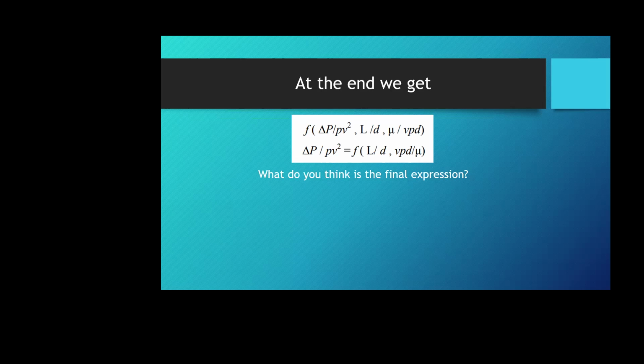And then now I fix L divided by D and I want to analyze the dependence with rho V D divided by mu. Again, data, I take something like this, very strange, quadratic. Let's assume something crazy, quadratic, divided by mu to the square.